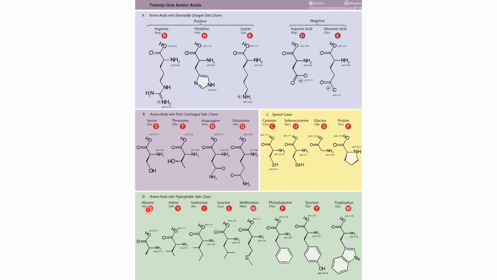We can see various amino acids, for example alanine, valine, isoleucine, leucine, methionine, phenylalanine, tyrosine, and tryptophan, in which a hydrophobic side chain is present. There are certain ones in which aromatic rings are present, for example phenylalanine, tyrosine, and tryptophan. So based on the different properties of the side chain groups present in different amino acids, we can classify amino acids into different categories.